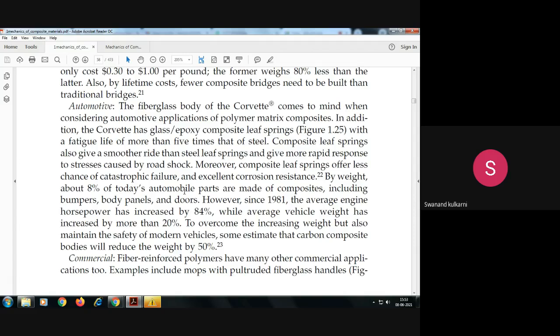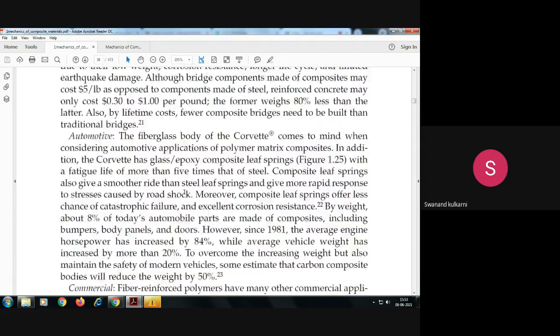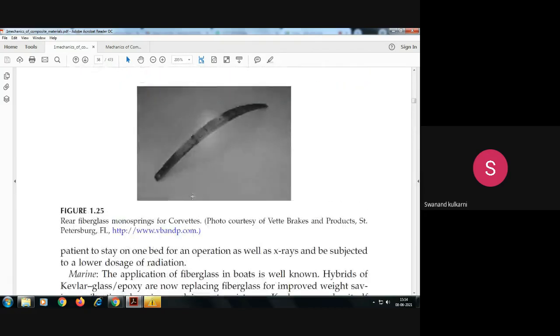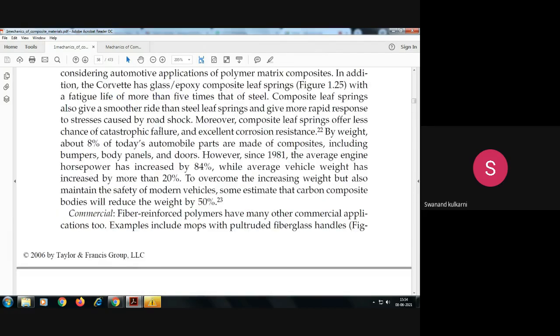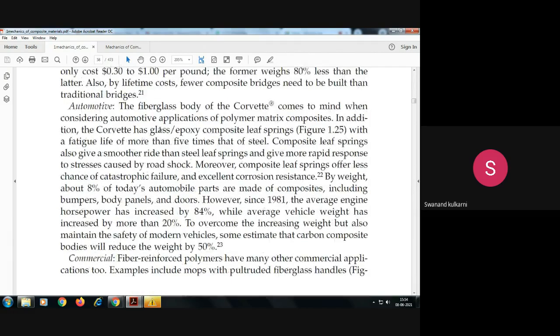In addition, the Corvette has glass epoxy composite leaf springs. Here you can see the leaf spring. Here you can observe this is the leaf spring. We use this kind of leaf spring for different applications. In automotive applications nowadays, these glass epoxy composite leaf springs are used.